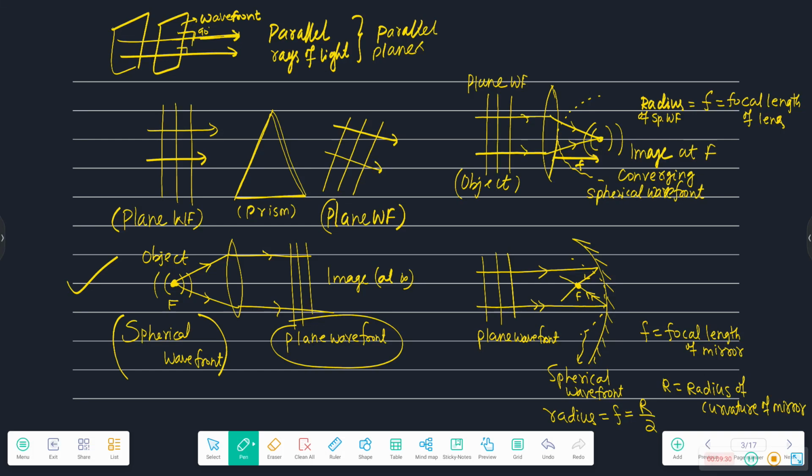Yes or no? They may ask you to draw all these diagrams: plane wavefront, spherical wavefront. Here I have drawn the dotted line, the spherical wavefront for a concave mirror. The radius of the wavefront is nothing but the radius of curvature by 2. So you must remember this much.